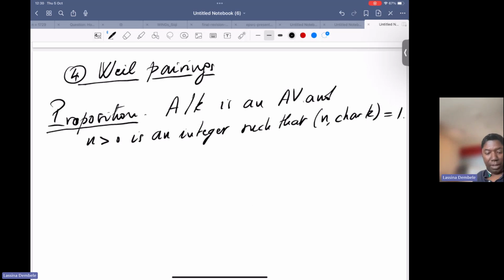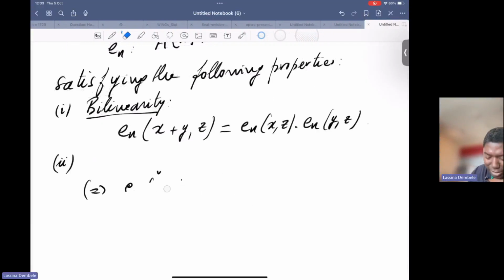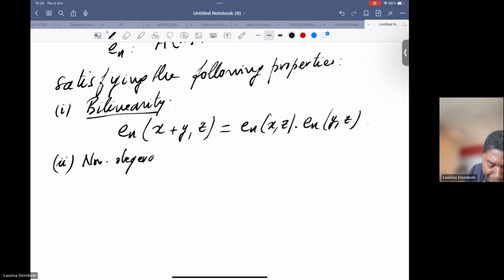Then the proposition says that there is a pairing with the following properties. The second property is what I'm going to call non-degeneracy.